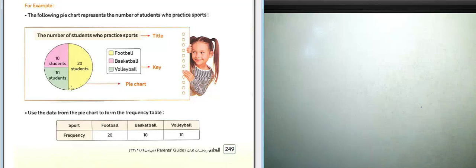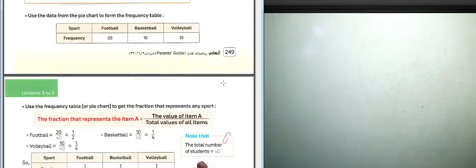The example: use the data from the pie chart for the frequency table. Sport and frequency: football 20, basketball 10, and volleyball 10.